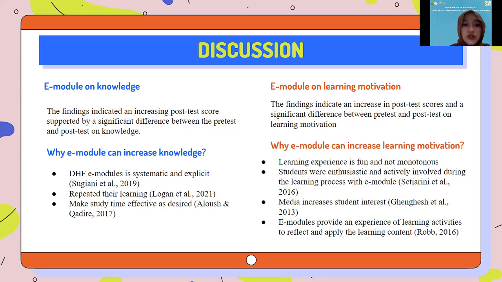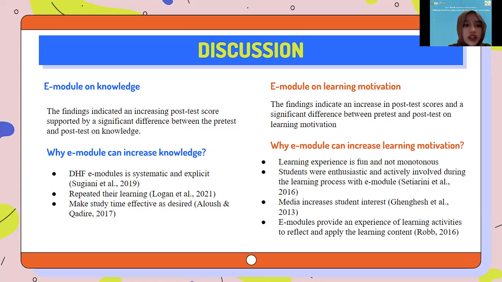This statement was supported by related research by Logan et al., 2021 and Subiani et al., 2019.